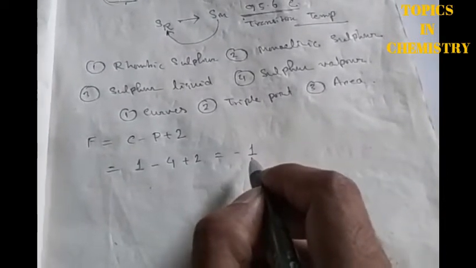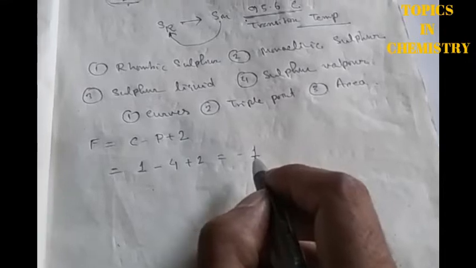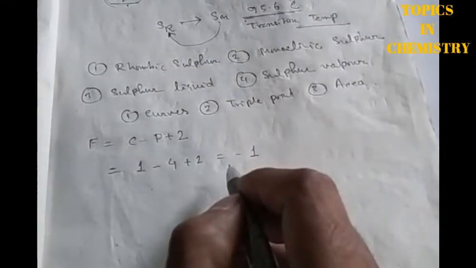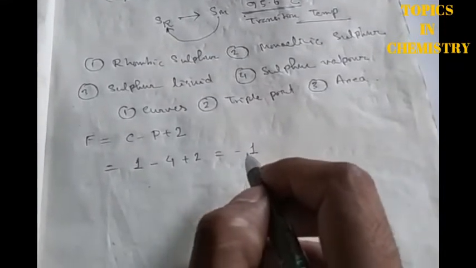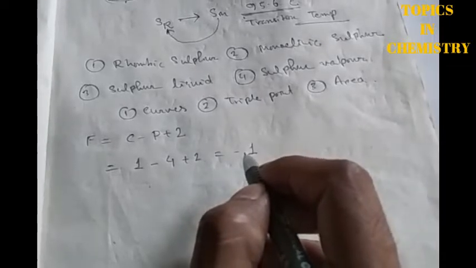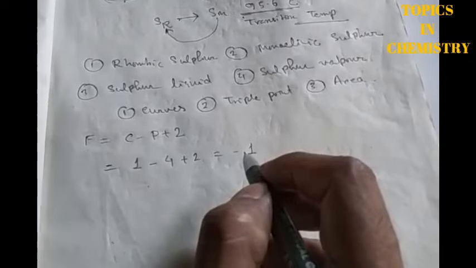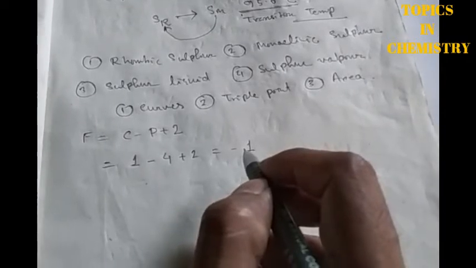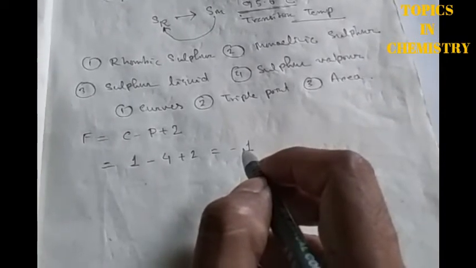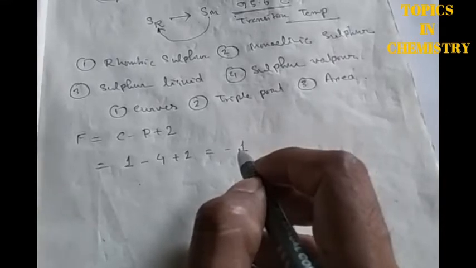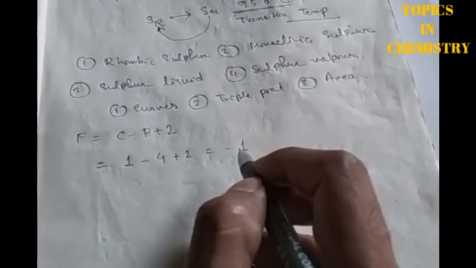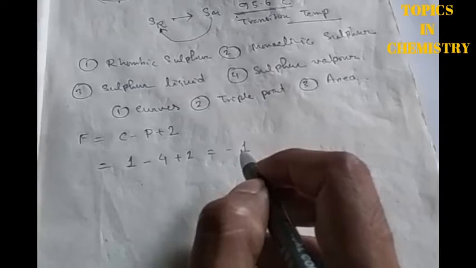That is not possible. From that equation you can conclude that the 4 phases of sulfur cannot coexist. Only 3 phases can exist together, but 4 phases cannot coexist at a particular point.